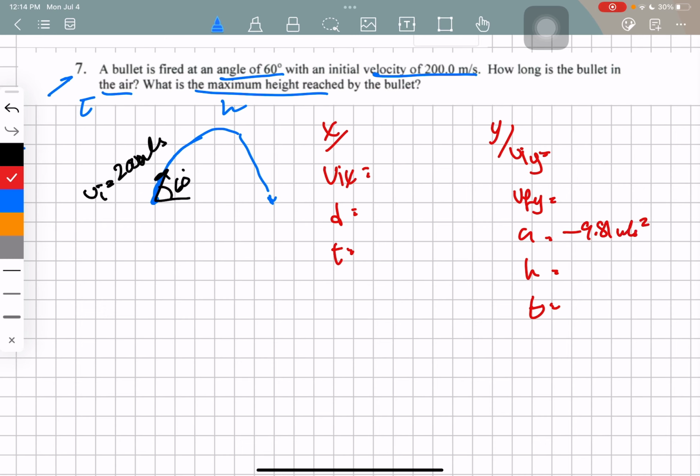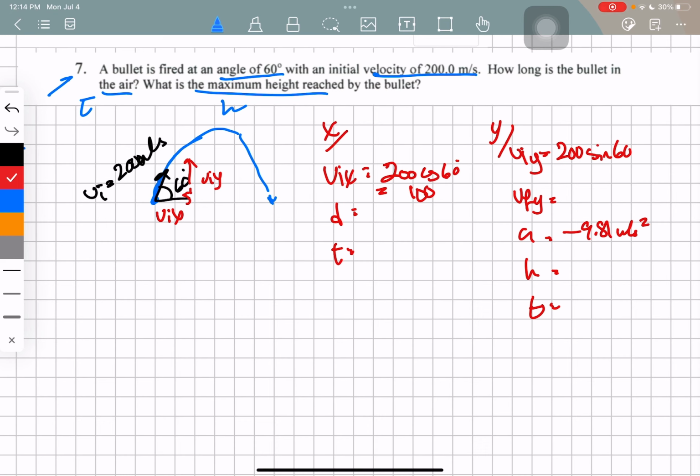The initial y velocity is going to be 200 sine 60, and the x velocity is going to be 200 cosine 60, because if you break the velocity down into its x and y components, that's your VIX and VIY. The VIX doesn't change, and 200 cosine 60 is half of 200, which is 100.